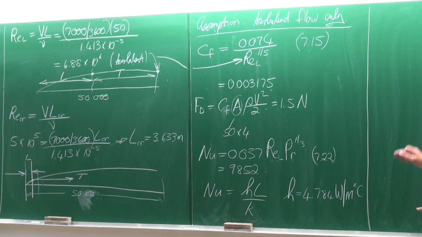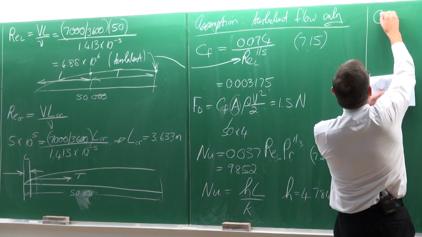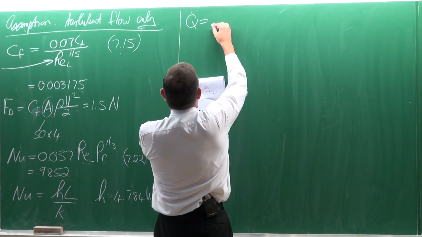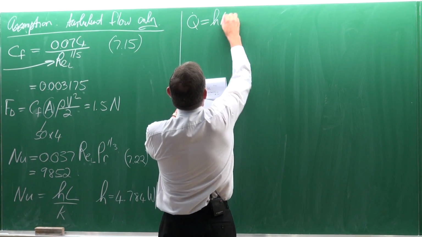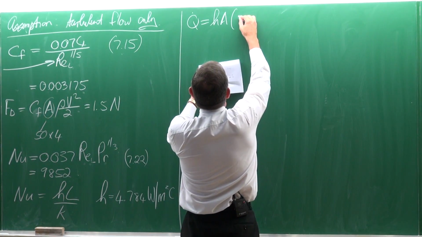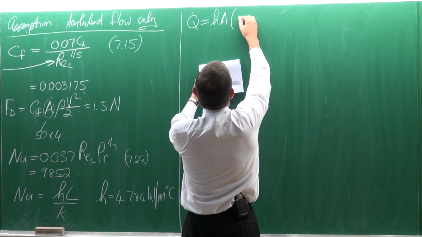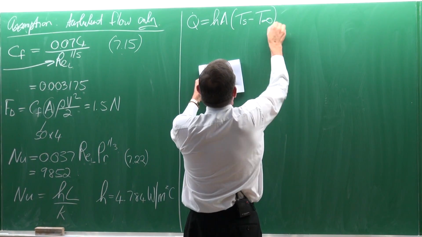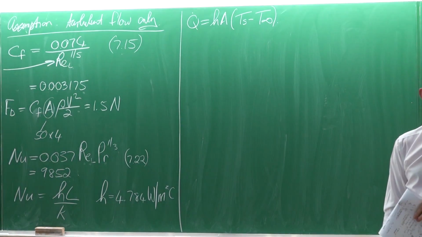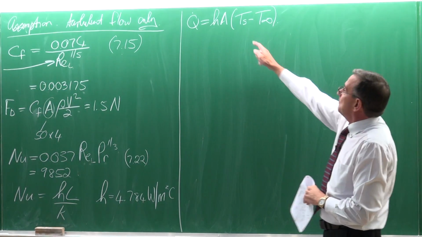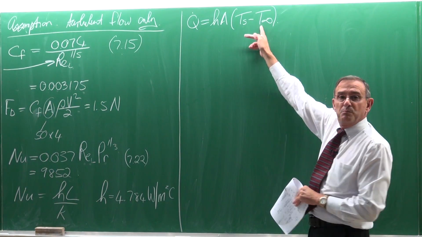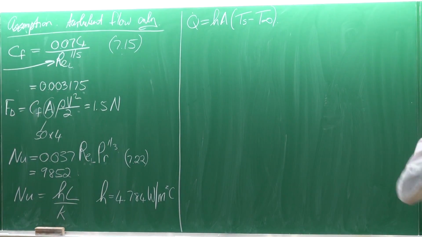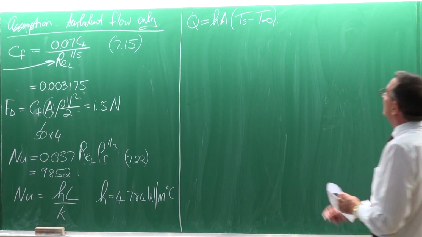Now that we've got the heat transfer coefficient, we can determine the heat transfer rate. The heat transfer rate is equal to the heat transfer coefficient multiplied by the area multiplied by Ts minus T infinity. In this case, the plate is at a higher temperature than the free stream, therefore we just write it the other way around.